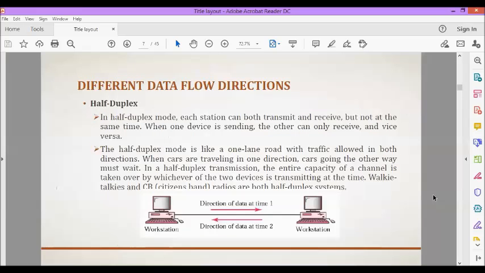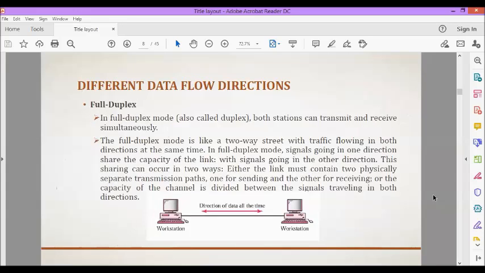In this mode of transmission, the communication is two directional. And then we have the full duplex. The mode of transmission is bidirectional or two-way, and the channel is used by both of the connected devices simultaneously.